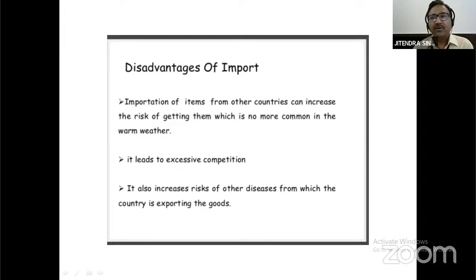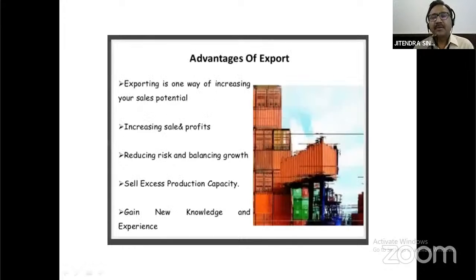And we have no control over where it will spread through those products and packaging material. So sometimes import also increases the spread of diseases which normally do not happen in India, but because of foreign consignments, those viruses may enter the Indian market.